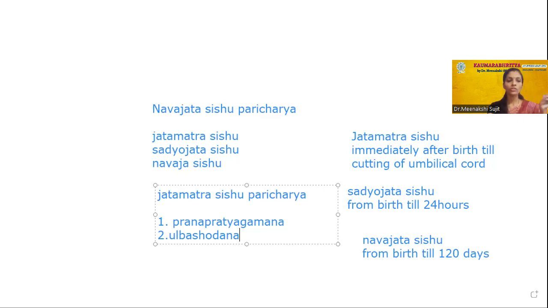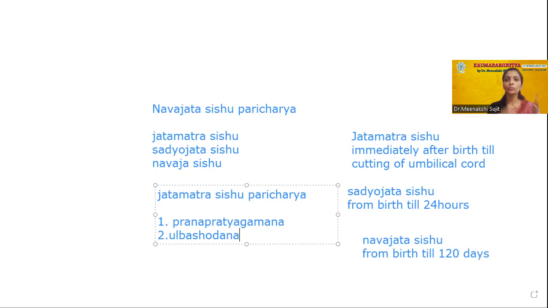Why? Because vernix caseosa is a powerful medium for maintaining the thermal stability of a baby, thus preventing hypothermia. As we know, the womb temperature is different and the outer environment is a different temperature. So immediately after birth, the baby may get hypothermia.